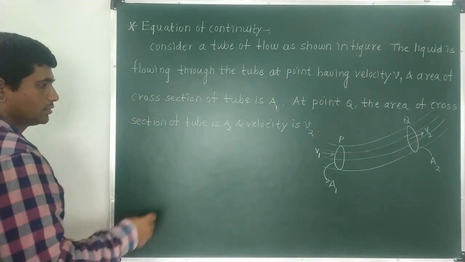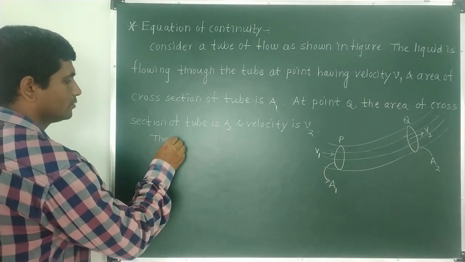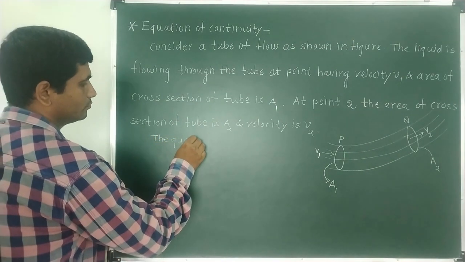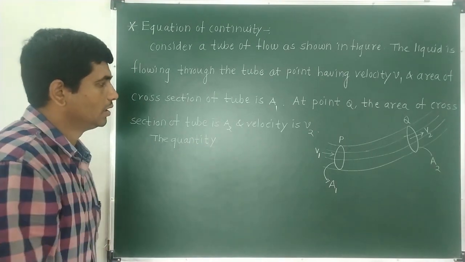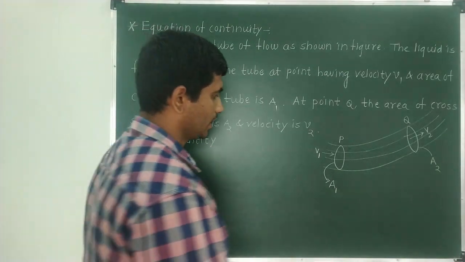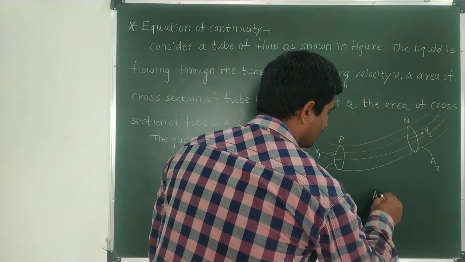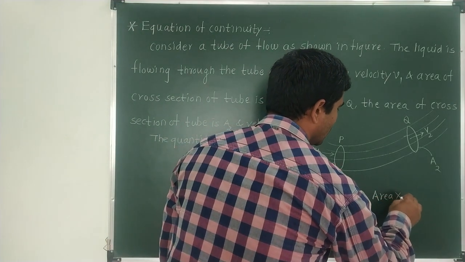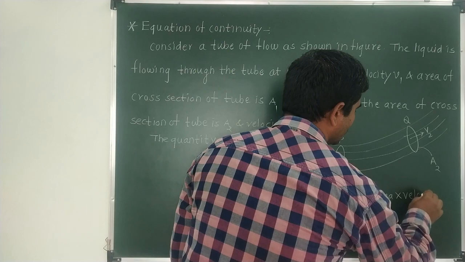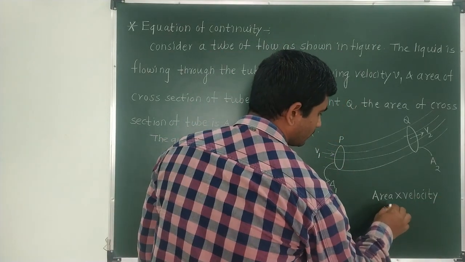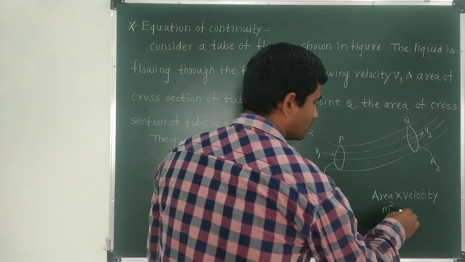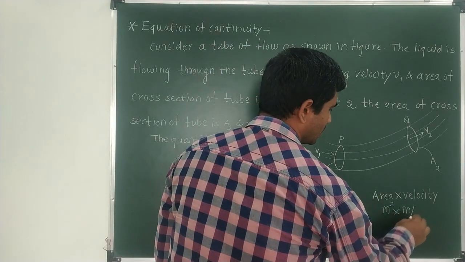Suppose the quantity, now see, area into velocity: we know that area is measured in meter square and velocity is measured in meters per second.